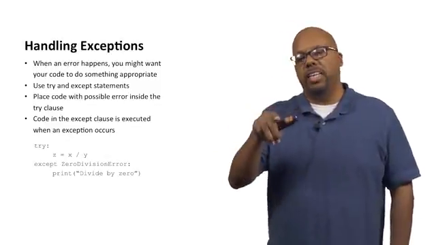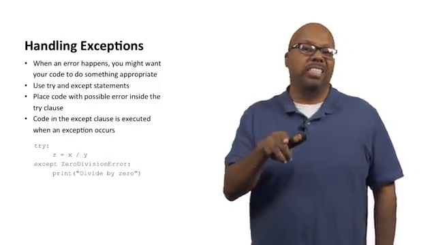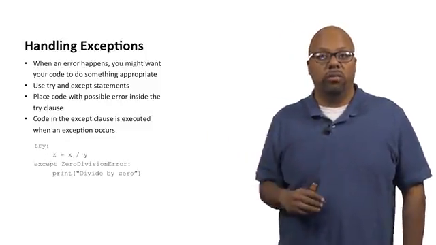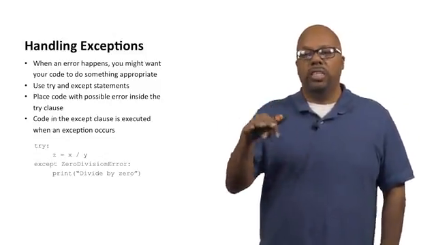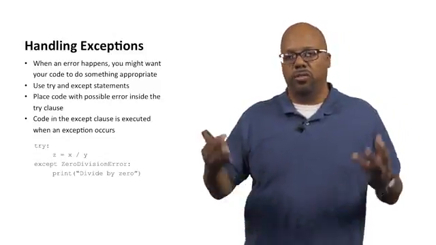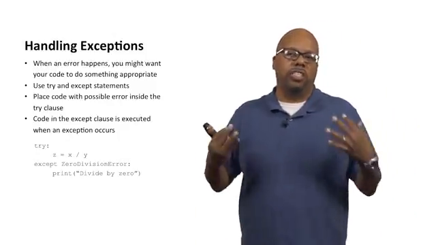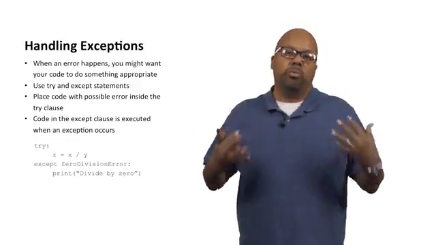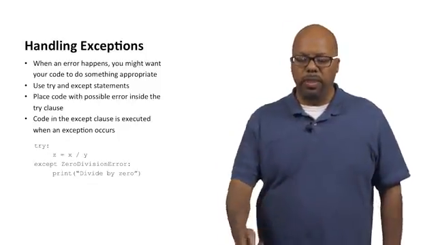But the idea is that if inside this try clause an exception is raised that matches the exception after the word except, specifically ZeroDivisionError, then the code inside the except clause is executed: it prints divide by 0. In this case, it's very simple exception handling. It's not really going to fix anything. It's just going to print to you what went wrong, and that's all we're doing right now. So now we want to do this for sockets.